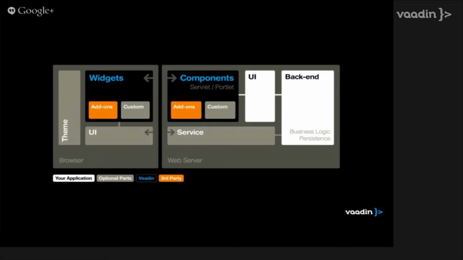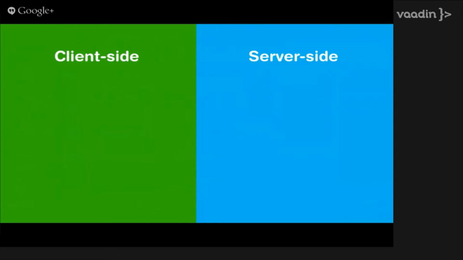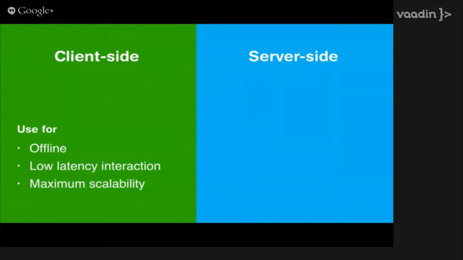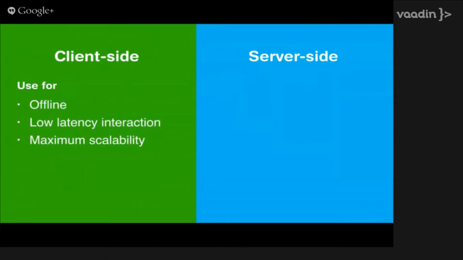But let's go to the reasons why we would want to combine these two things. So I guess on the client side, there are things like offline mode. It's pretty clear that if you're building your application on the server side, it won't be working offline. If all the logic is in the server and you don't have a communication to the server, you don't see anything on the screen. So clearly, offline is a hard case where you must go to client side.